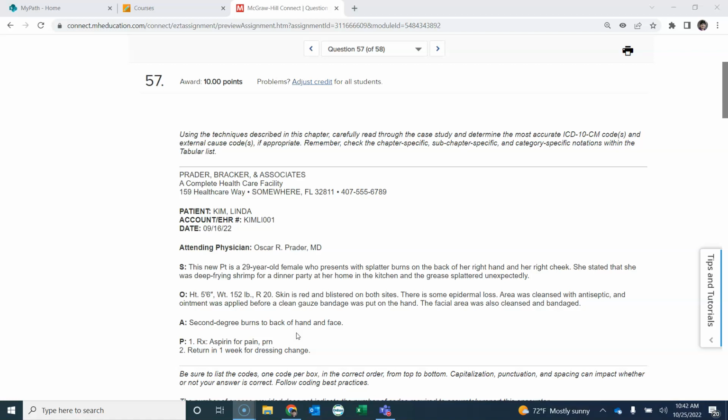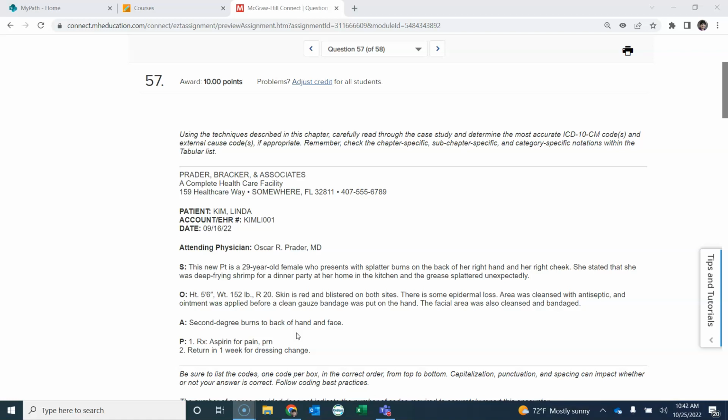All right, so we have to have a seventh character. So go back to the beginning at T23, and our choices are A, D, and S. Okay, so in this case, she's coming in and it was dressed.